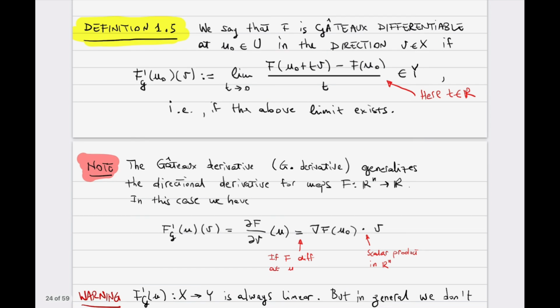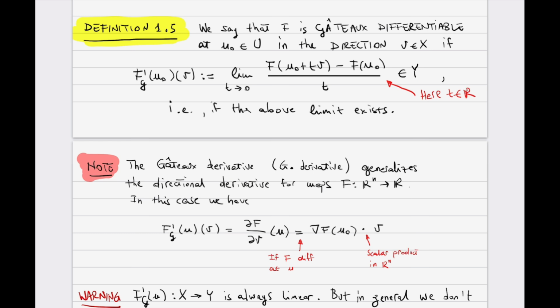So next definition, we introduce another concept of differentiation which is weaker than the Frechet derivative. As usual, f is a function defined from some open set in X into Y, and we say that the function f is Gateaux differentiable at some point u0 in U in a direction v in X if the following limit exists finite in Y. Let's see what this limit is.